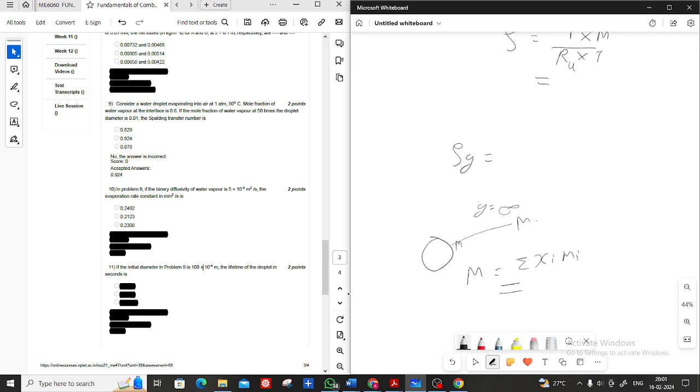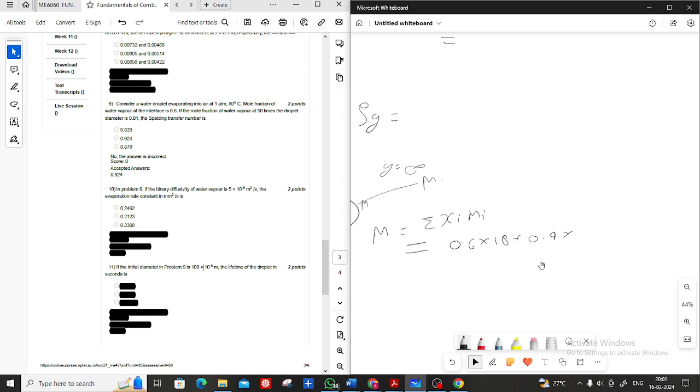At the interface it will be 0.6 into 18 for water vapor, plus 0.4 into 28.84. If you solve, 0.6 into 18 plus 0.4 into 28.84 comes to 22.336.